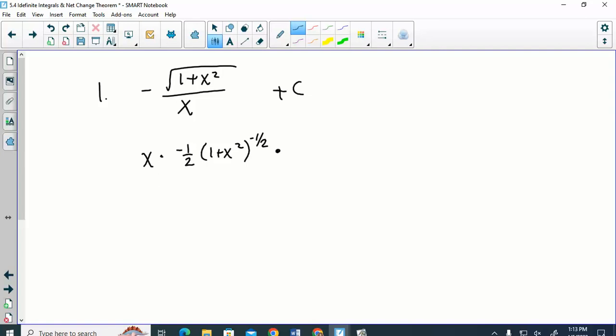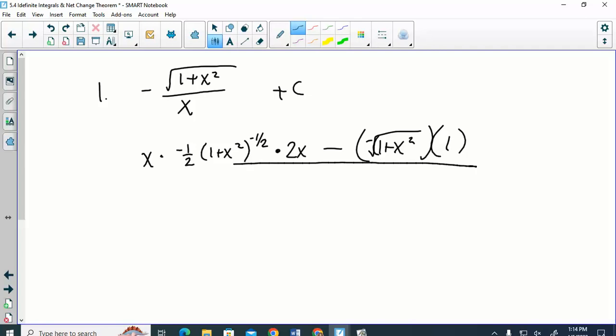Times the derivative of the inside, which will be a 2x. So that's low d high. Minus high d low, because the derivative of the bottom is just 1. Over low squared. And then we have this plus c, but what's the derivative of a constant? 0. So that's going to go away.